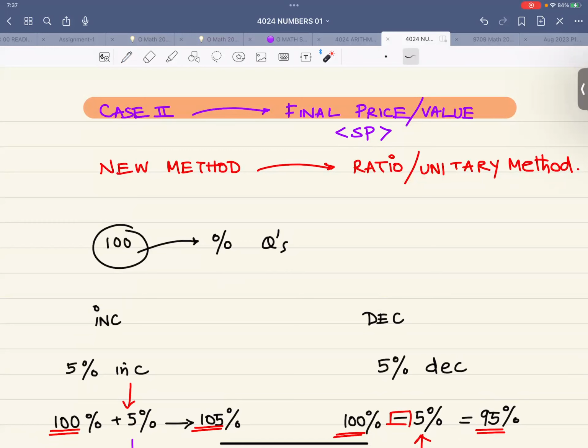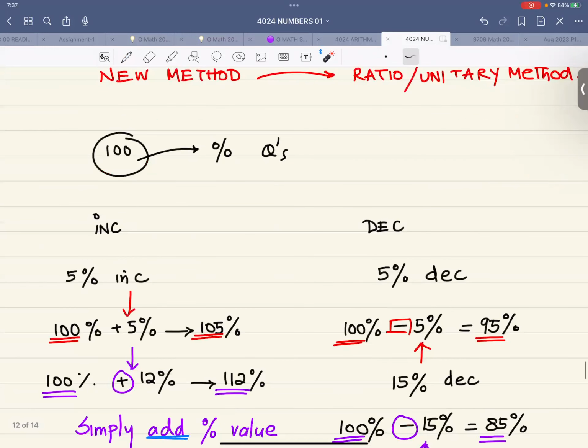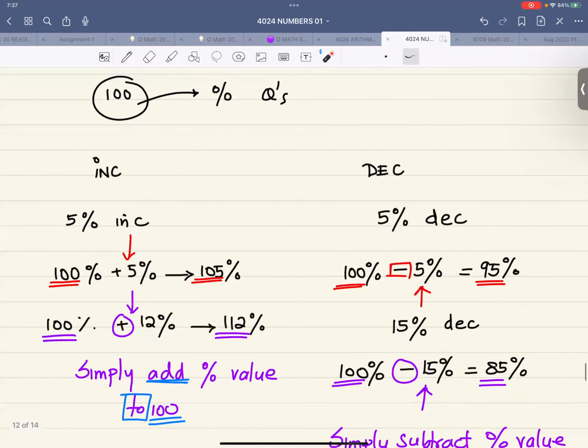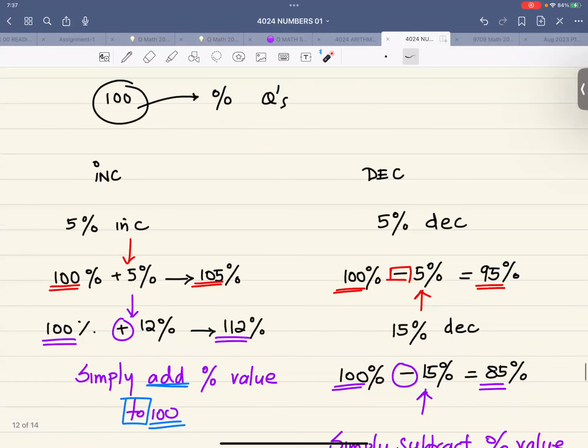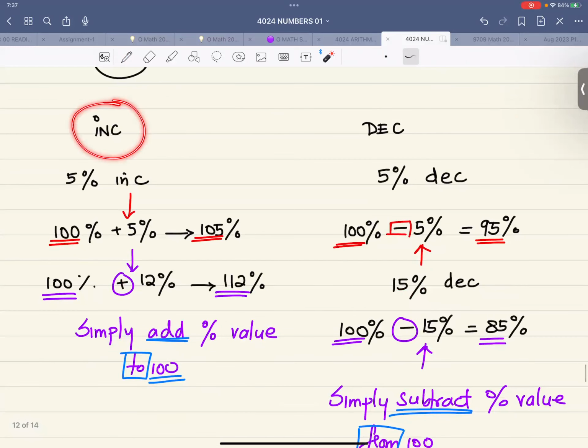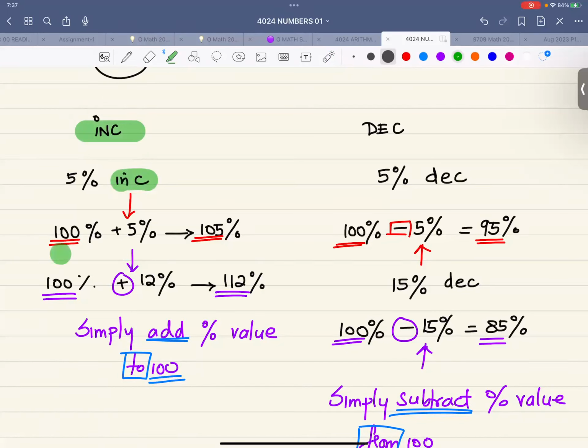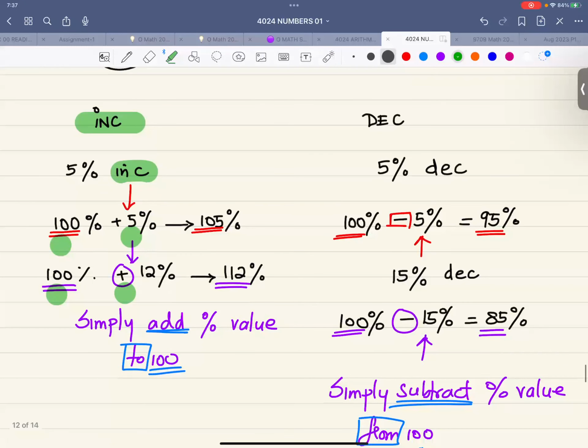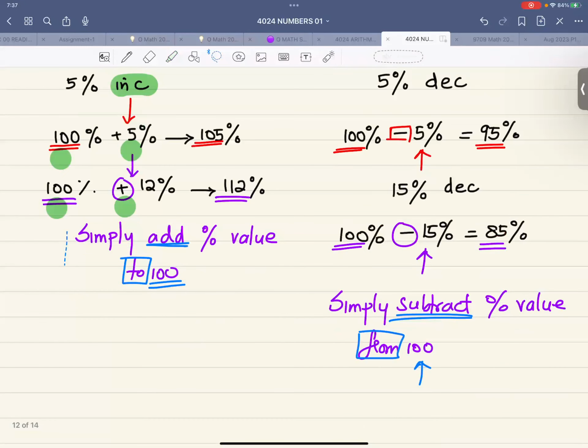What is that new method? 100 is a number that is used in percentage questions. If we talk about an increase, a 5% increase means just take 100 and add 5 to it. A 12% increase means just take 100 and add 12 to it. So we simply add the percentage value to 100.